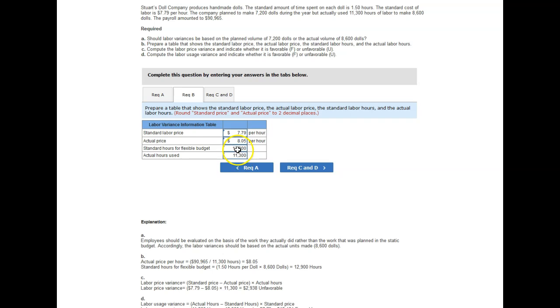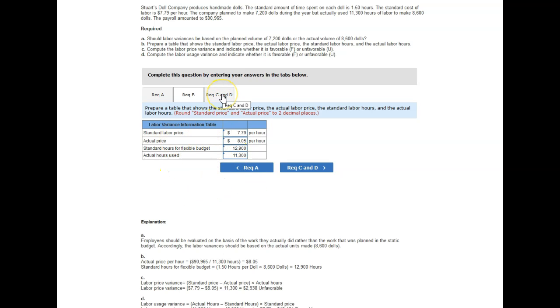Where did they get the 12,900? Okay, they're showing right here. The standard calls for 1.5 hours per doll. They produced 8,600 dolls. Just multiply. 8,600 times 1.5, 12,900 hours is what they should have used based on the actual production. Actual hours used, well, they gave us that, 11,300. So we have this table complete.